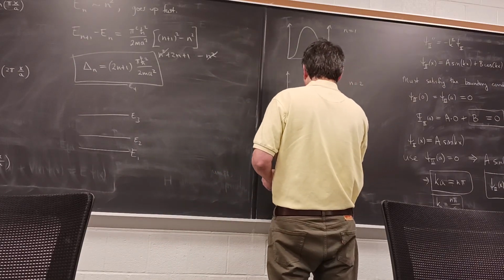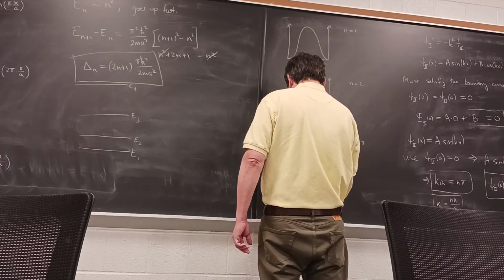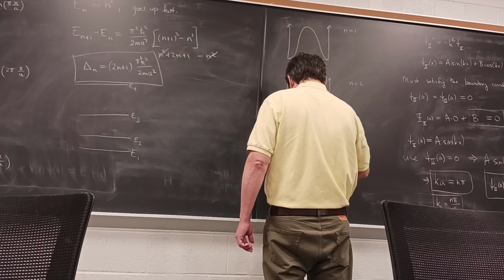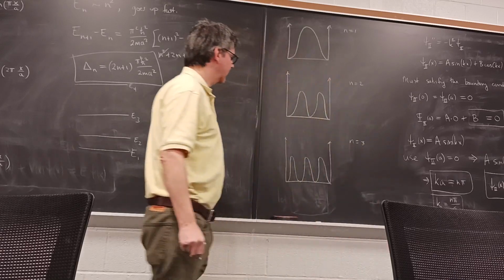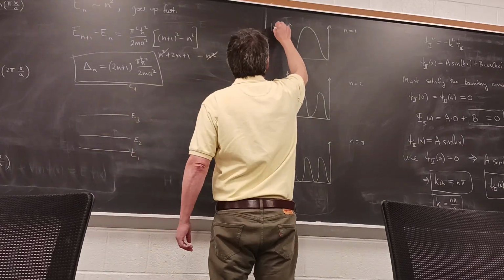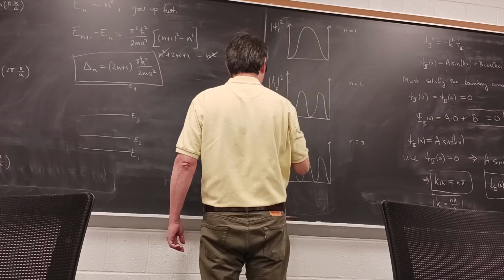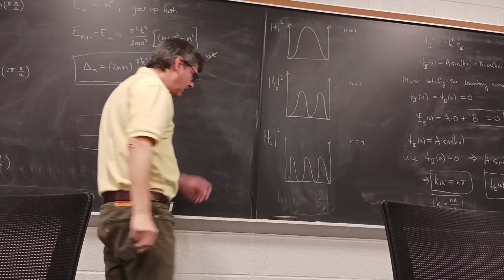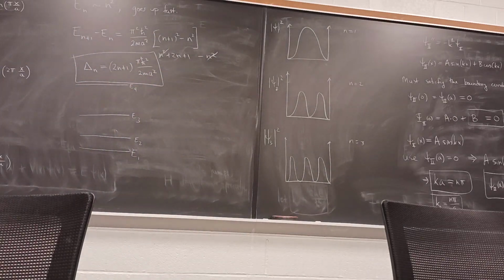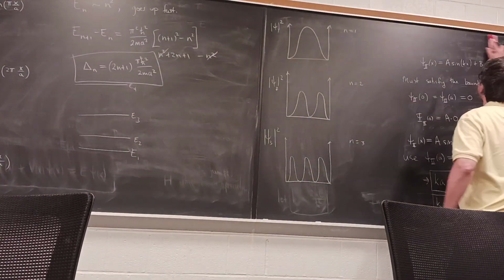And then for n equals 3, it looks like that. So you can have mixtures of these things, which is the interesting part.